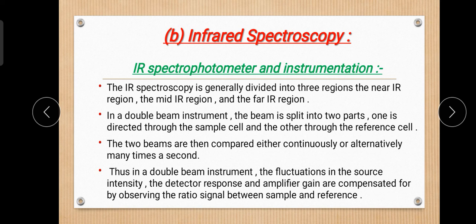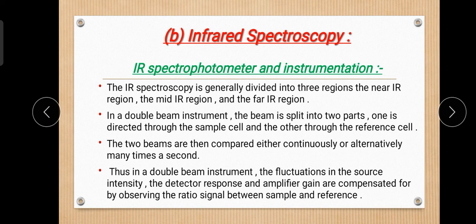But why are we using the reference sample? Why are we not using just the sample? Because there is some fluctuation in the source intensity, that is in the radiation intensity, and the detector response and amplifier gain are compensated for by observing the ratio signal between the reference and sample.